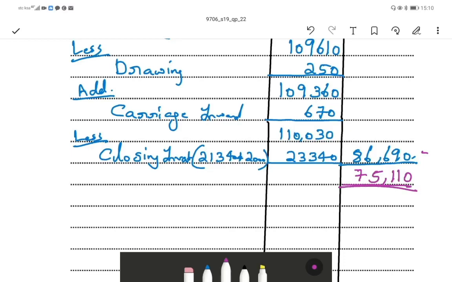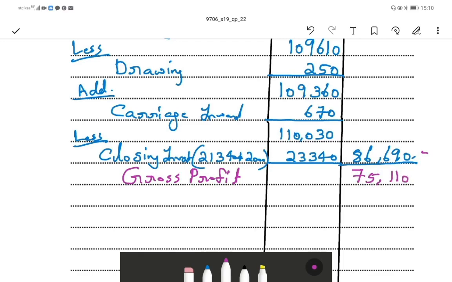So we write gross profit. So one part of the income statement we are done. So how to do the second part? We have to calculate the net profit. How to find the net profit?